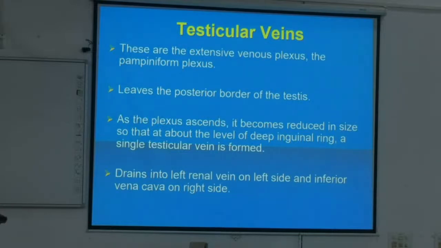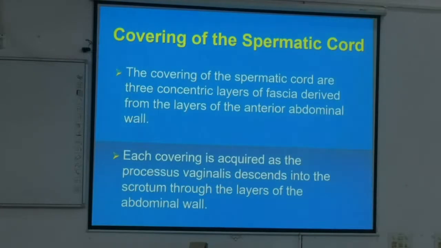Okay, next is covering of the spermatic cord. Covering of spermatic cord has three concentric layers of fascia derived from the layers of anterior abdominal wall. Each covering is acquired as the processus vaginalis descends into the scrotum through the layers of the abdominal wall.